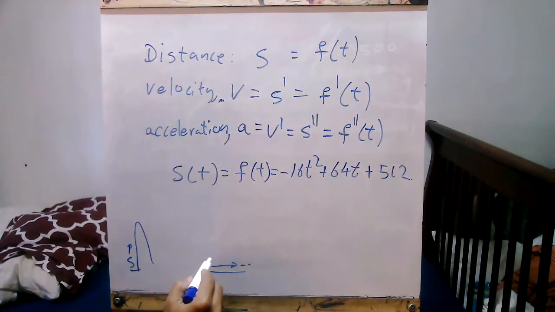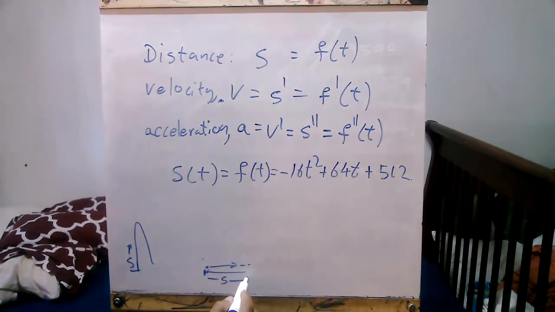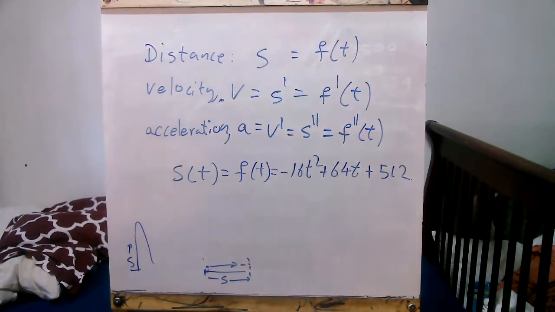Here we measure distance from a fixed point. For convenience, we can use the starting point as the fixed point. So we measure distance from here to wherever the point we are interested in, right?